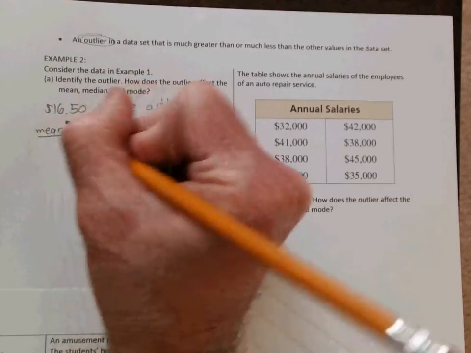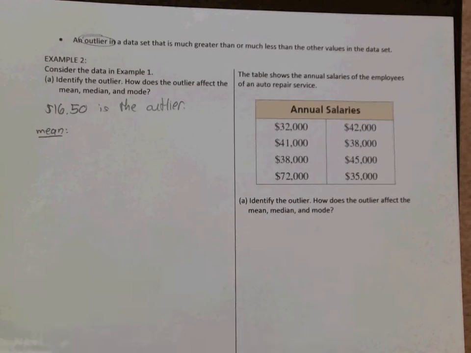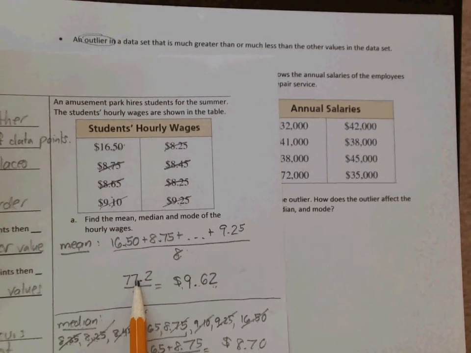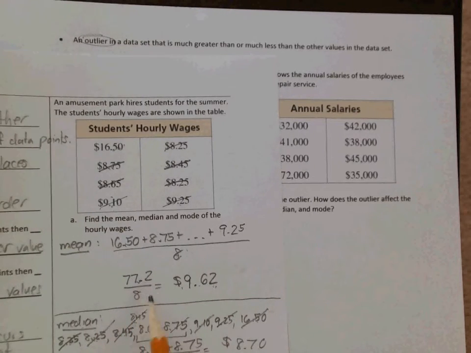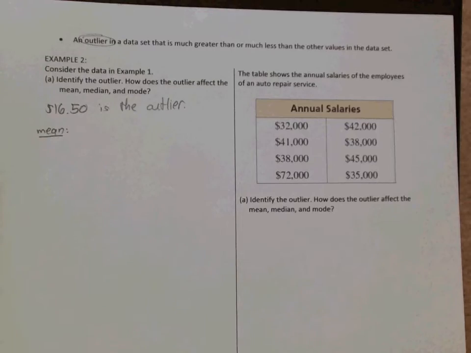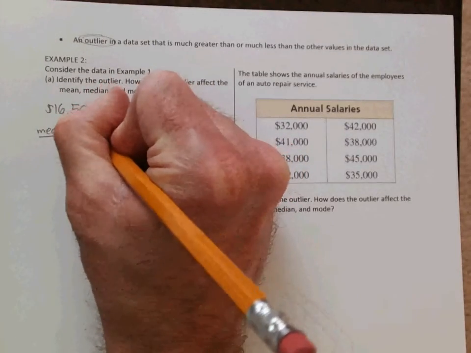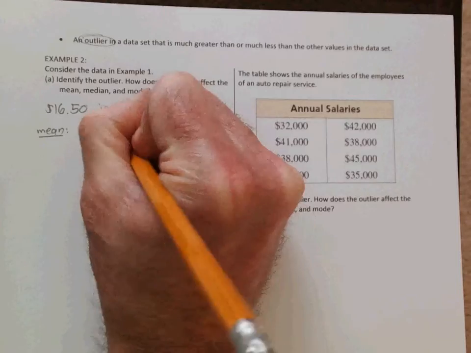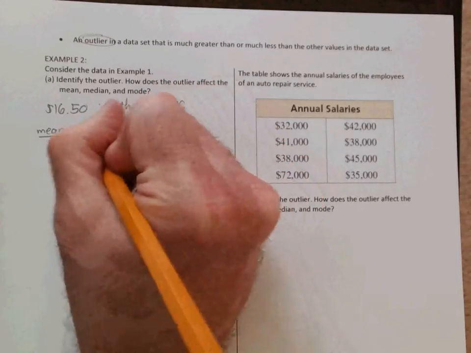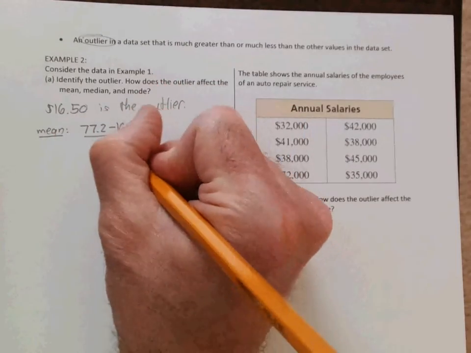Now, one thing I'm telling you, because the value is so large and the mean is based off of the sum, a lot of this sum is 1650. So one way to see how big of an impact it's having is take that sum and subtract out 1650 and then divide by 7.